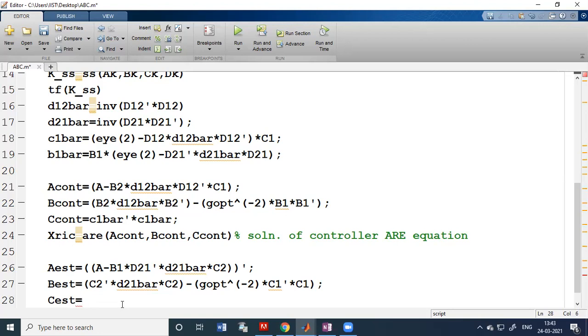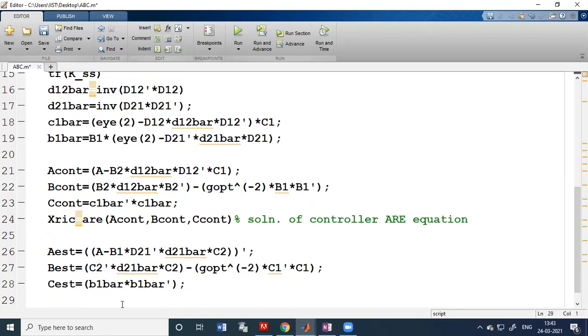In C estimator, we won't have transpose. P1 bar star B1 bar transpose. So again, now we have to solve for that.